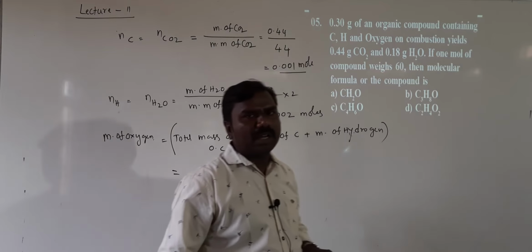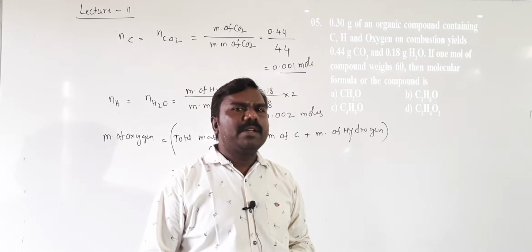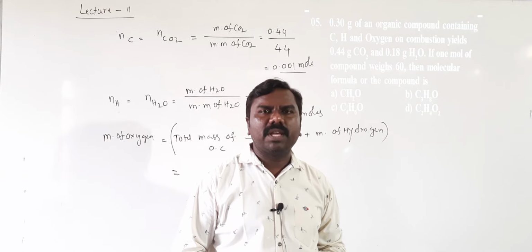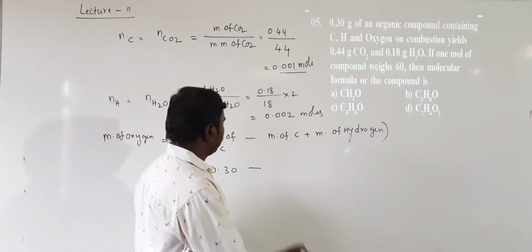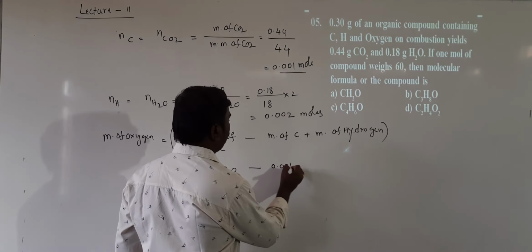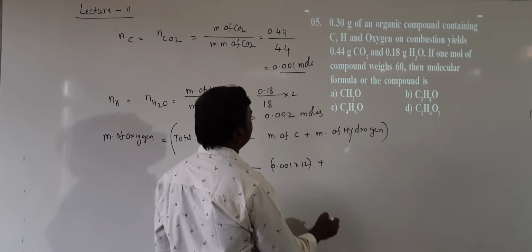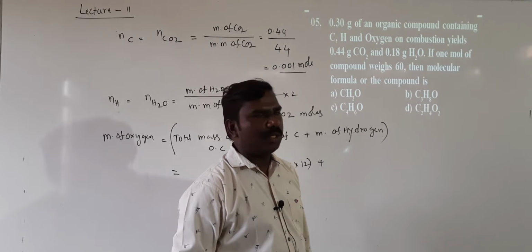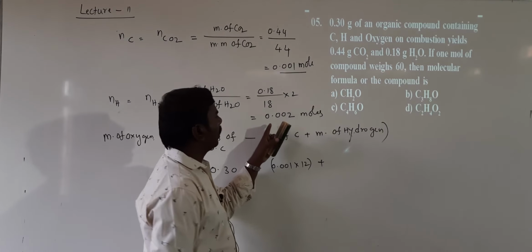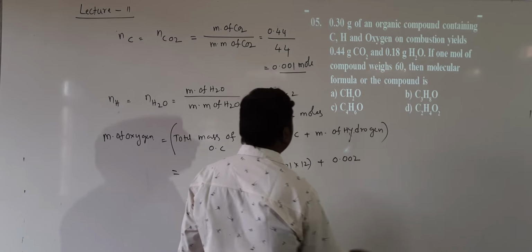Number of moles of carbon is 0.001. It means 1 mole of carbon weighs 12 grams, and 0.001 means multiplication. So 0.001 into 12, plus 1 mole of hydrogen weighs 1 gram, and totally how many moles are there? 0.002 moles.